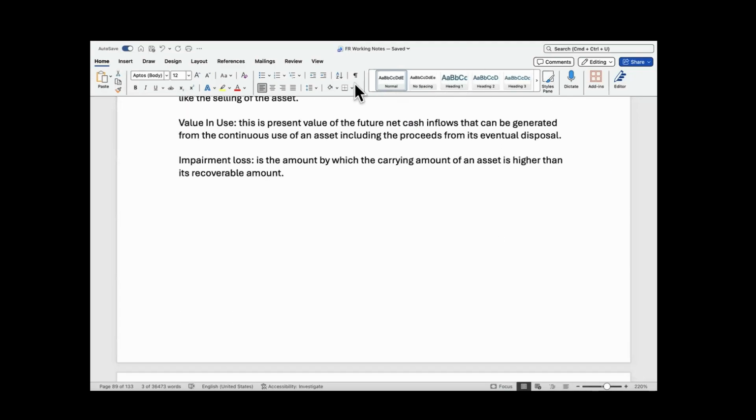One of my students asked me today what the difference is between revaluation deficits and impairments. They are the same in terms of accounting treatments. They are the same thing.